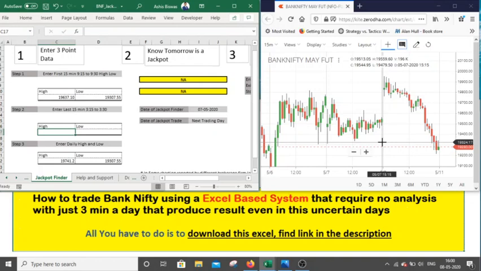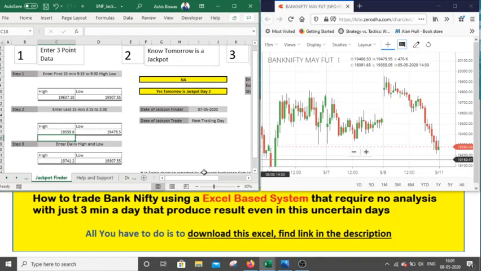Once you enter, if there is a jackpot opportunity next day, you will find a yes in this yellow stripe, either this or that. The high of the last 15-minute candle yesterday was 19,559.60, and the low was 19,479.50. As I enter all the data, it shows yes, tomorrow is jackpot day.